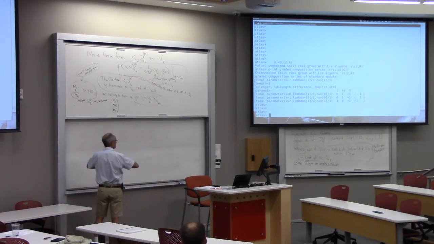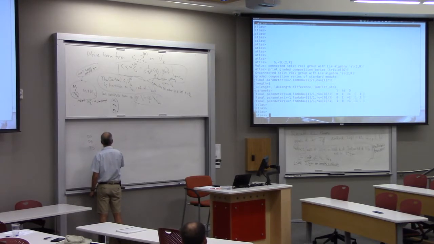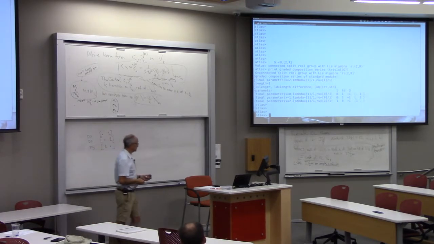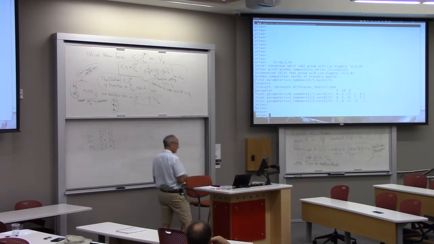So in this example, you have discrete series, principal series, and it says 1 dot 1 dot 1. And what that says is that this irreducible is occurring in the top level of the Jantzen filtration, that's the quotient. And these two irreducibles are occurring in level 1 of the Jantzen filtration.